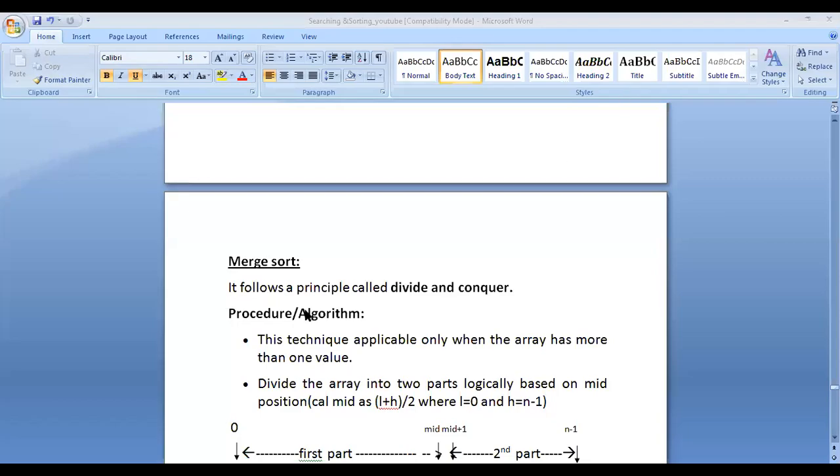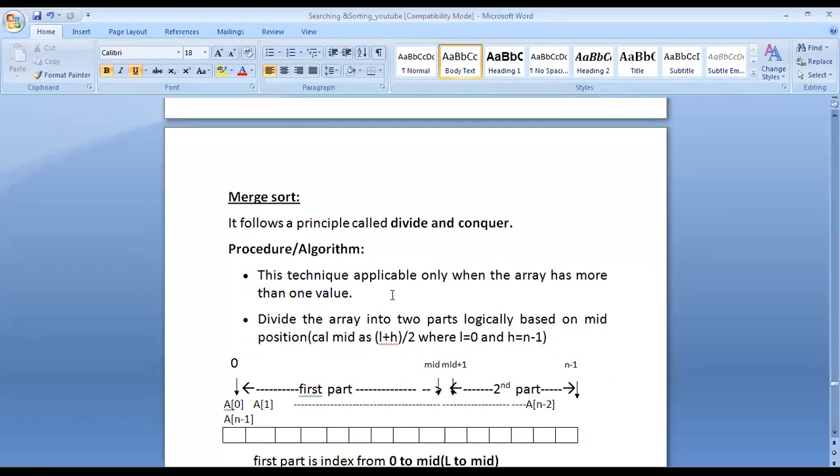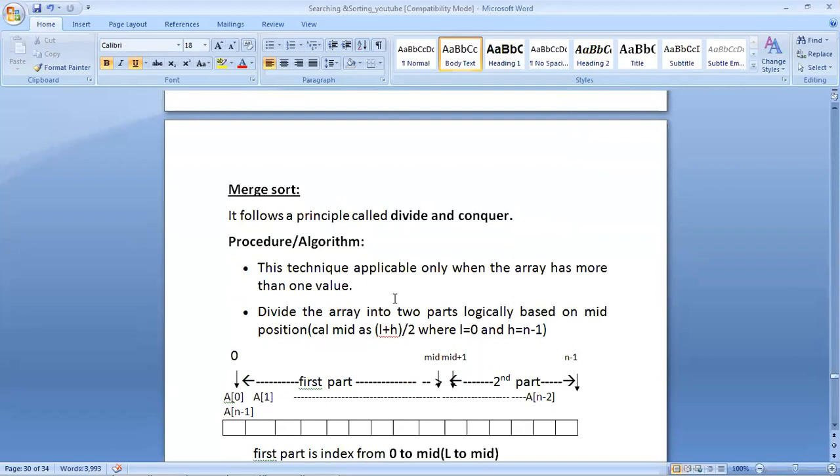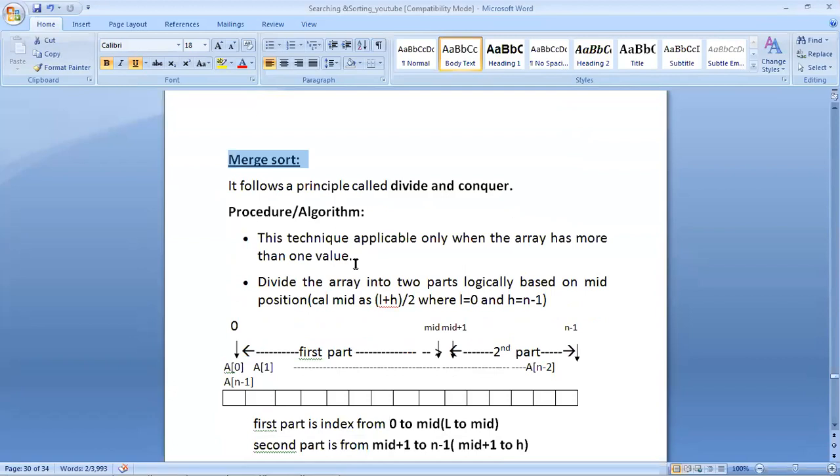In this video, we try to understand a sorting technique called merge sort. Merge sort is an internal sorting technique. It follows a principle called divide and conquer. Divide means dividing the problem into subproblems.